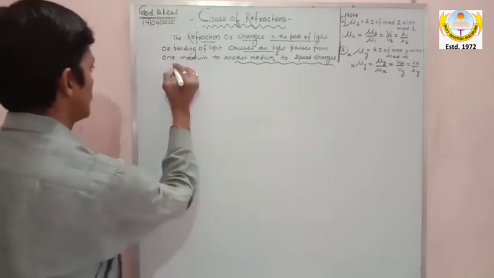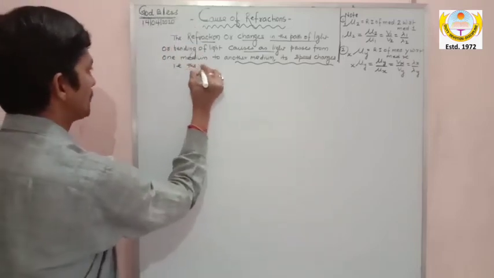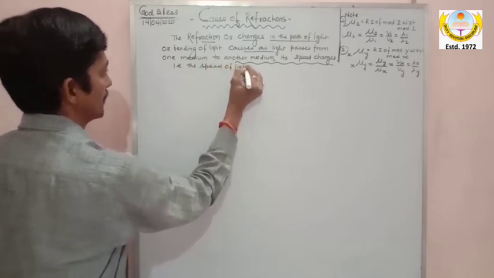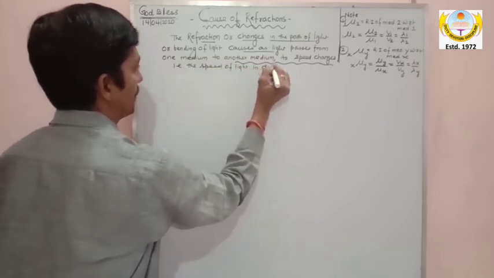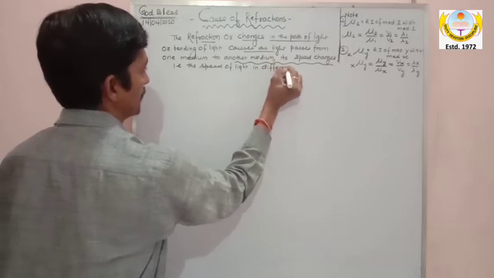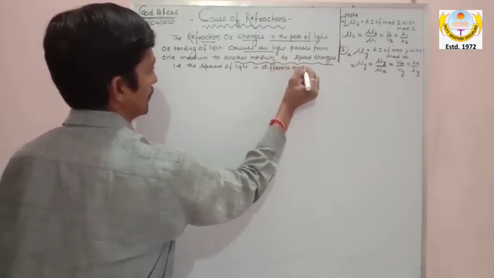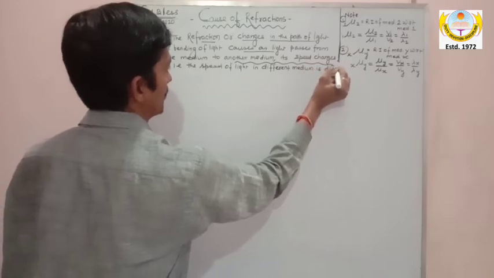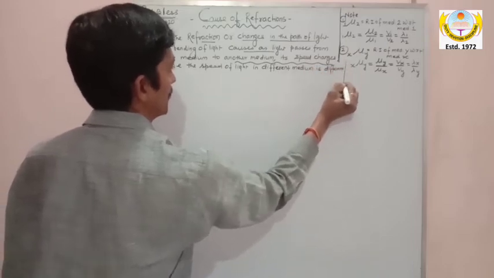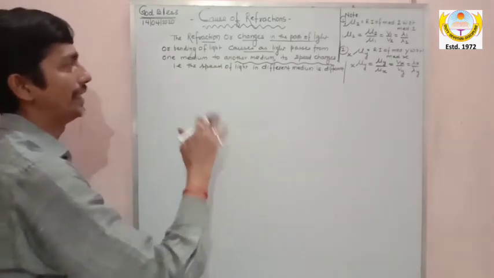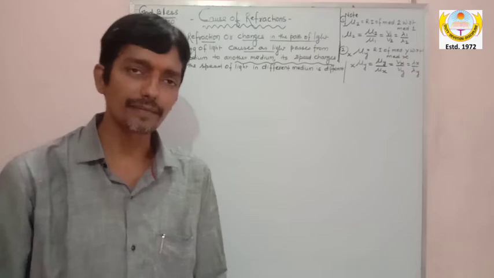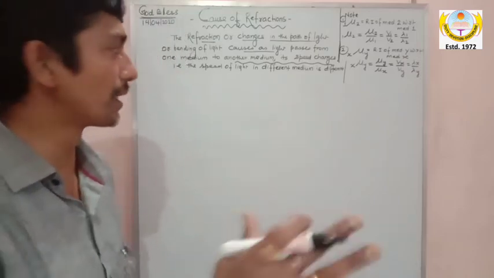That is, the speed of light in different media is different. The speed of light in different media is different. How will we prove this? Now look at it, to prove.